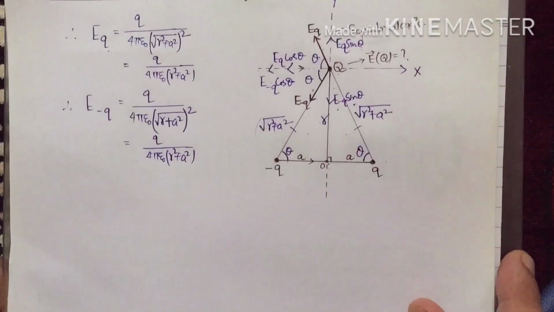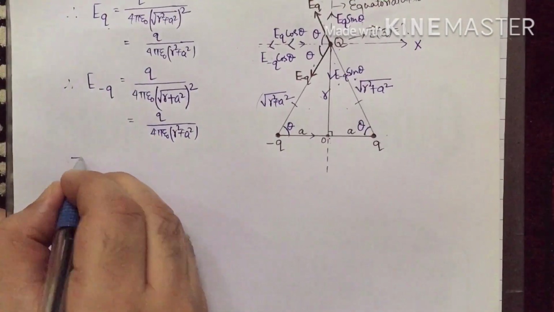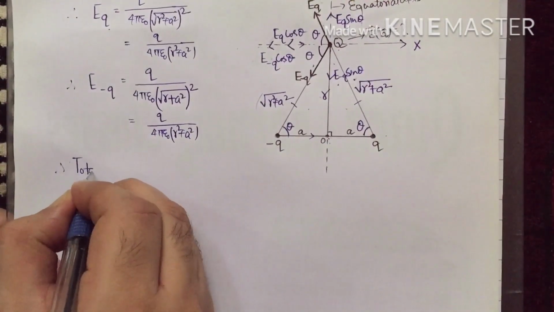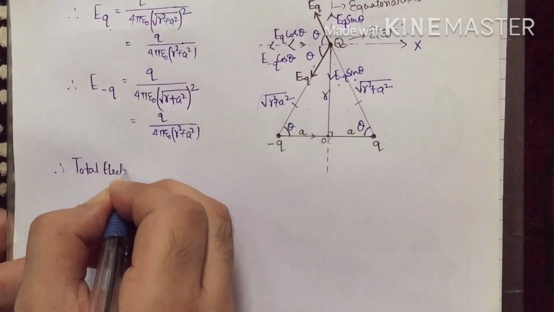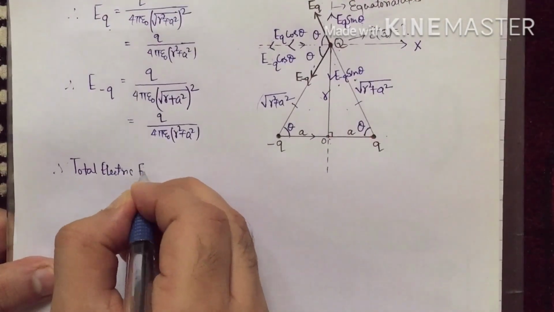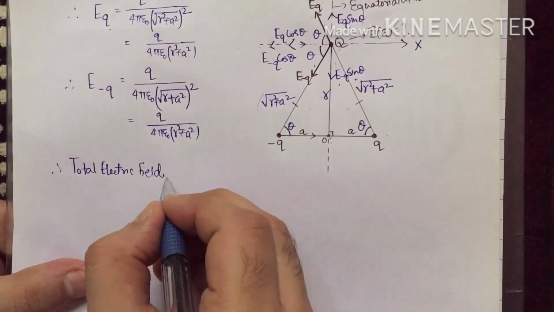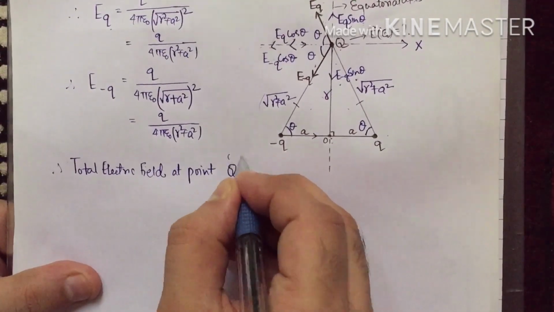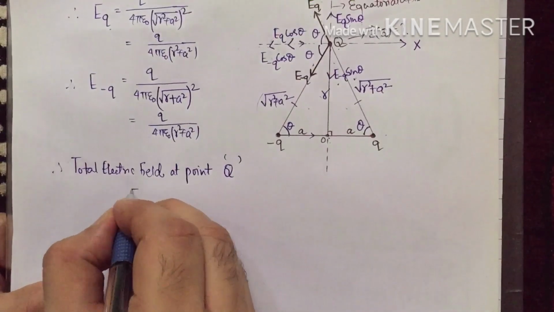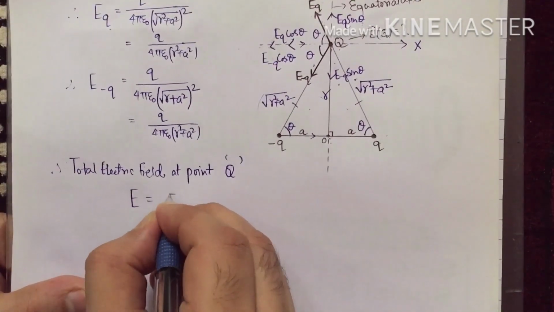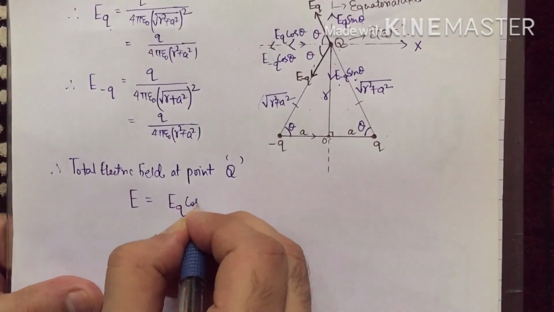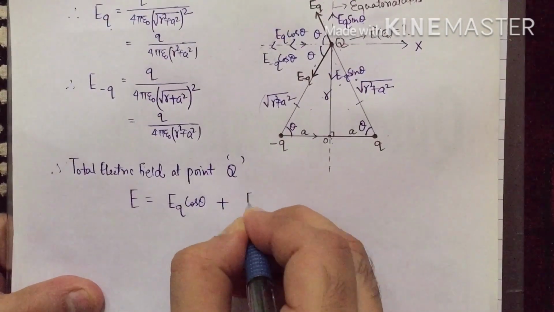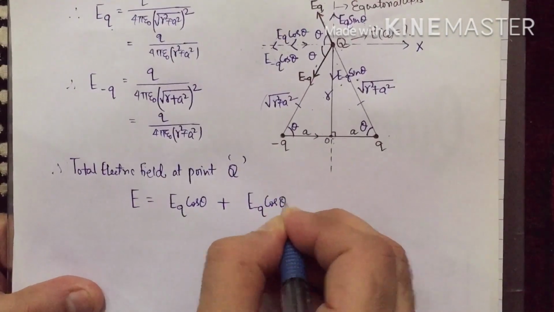So therefore the total electric field at point Q is given by EQ cos theta plus E minus Q cos theta.